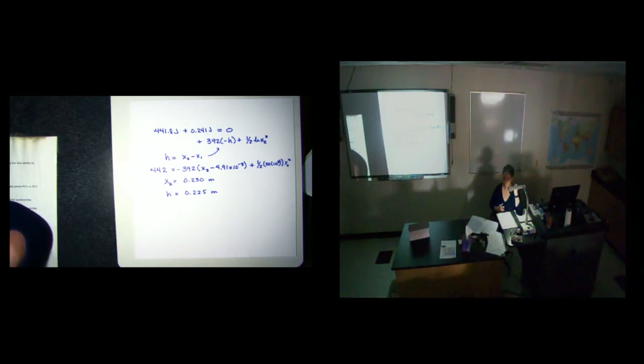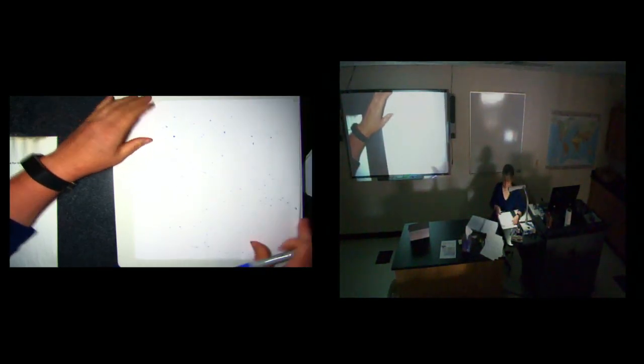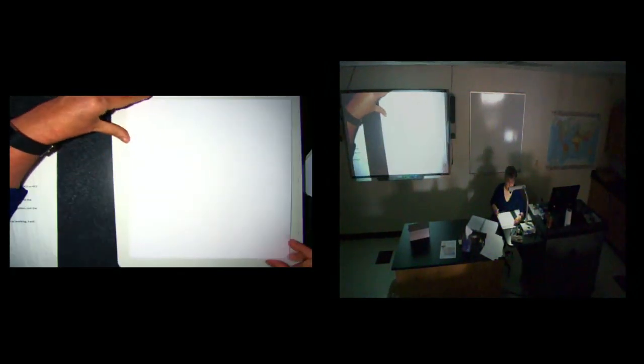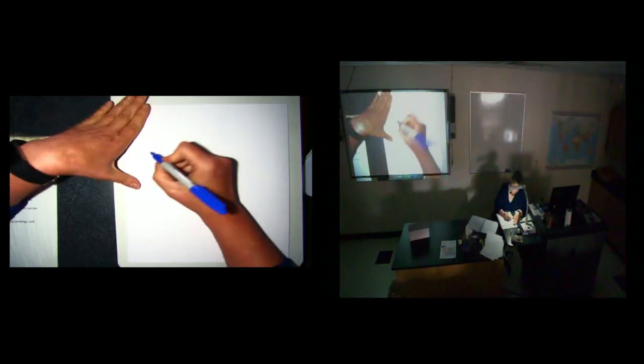The velocity of this bullet is 300 meters per second. We know what's going to happen once the block gets hit on my inclined plane. It's going to move up the inclined plane. And we want to know the distance it moves up the plane.